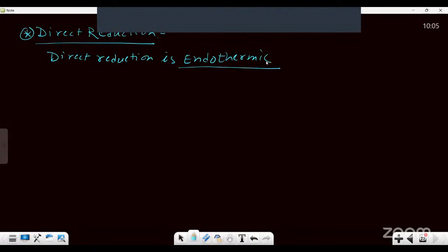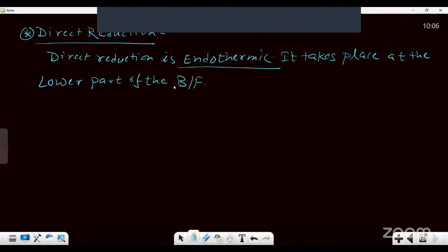Direct reduction is endothermic. It takes place at the lower part of the blast furnace.